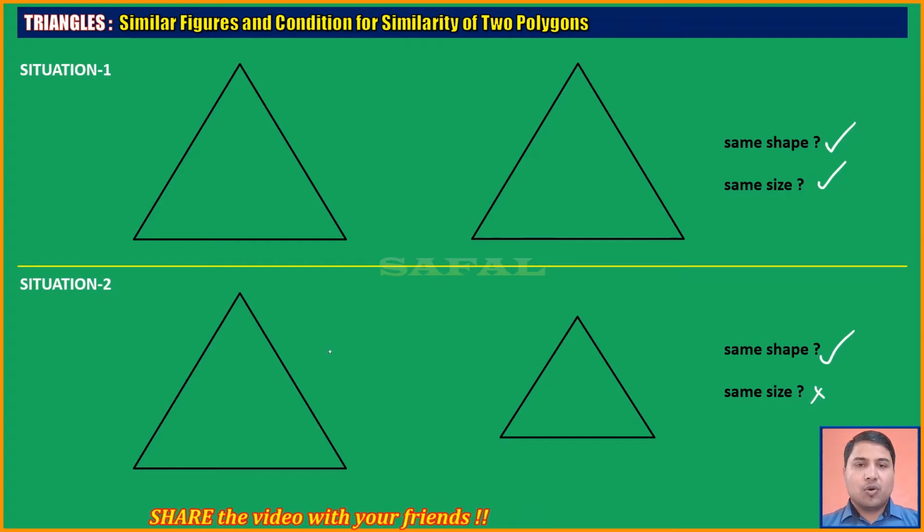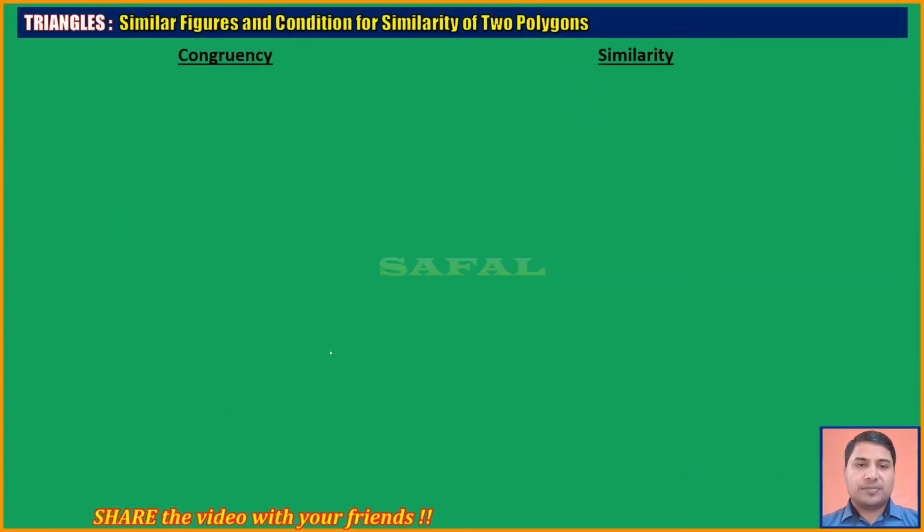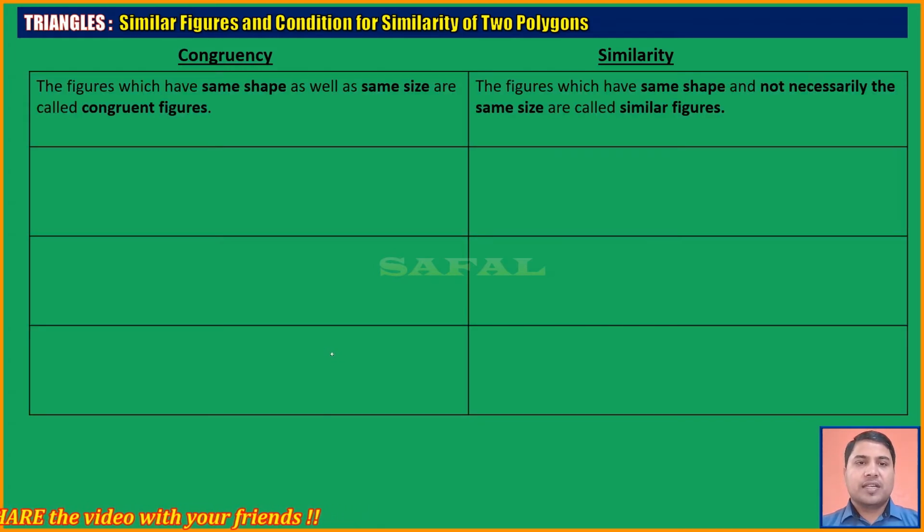Those figures where shape is also same and size is also same, we call them congruent figures. And the figures which have same shape and not necessarily same size are called similar figures. So it is very clear: if figures are of same shape and same size, we call them congruent figures. And if figures are of same shape but not necessarily of same size, we call them similar figures.